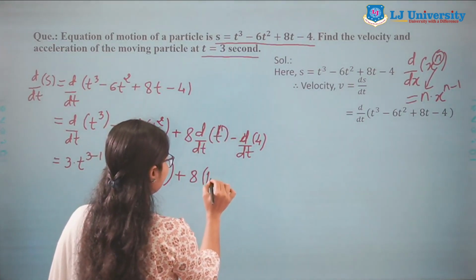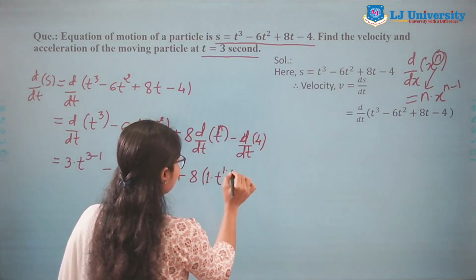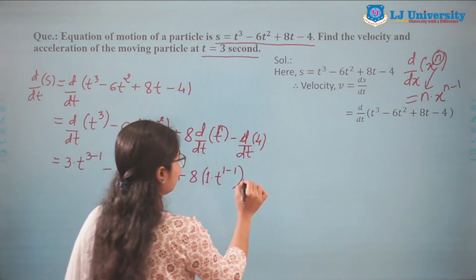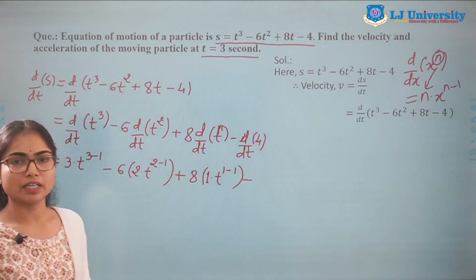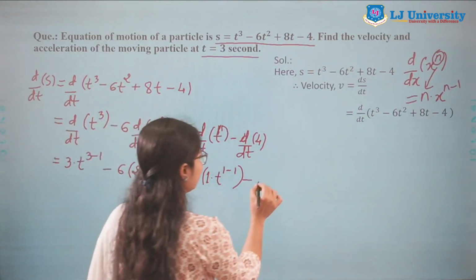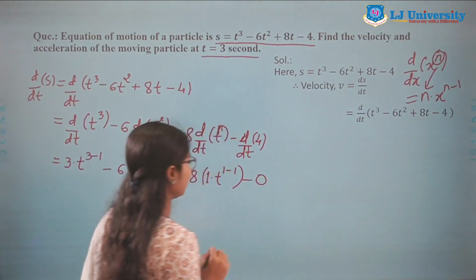So 1 into t to the power 1 minus 1, minus, here 4 is constant and we know that the derivative of a constant term is 0. So here d by dt of 4 is 0.